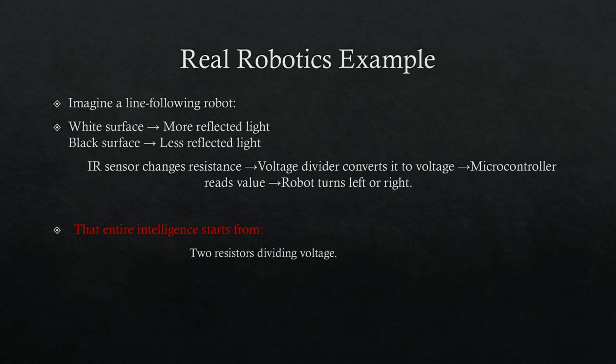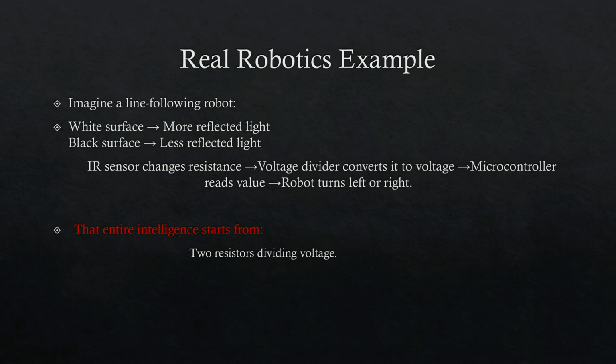Now we are going to take a real robotic example. So let's talk about a line following robot. As you know, in a line following robot, there are two types of surface, white surface and black surface. On the white surface, more light gets reflected compared to the black surface.